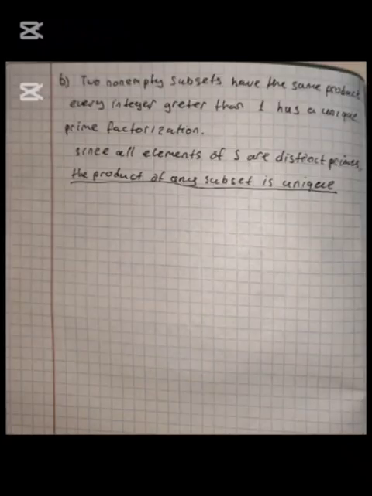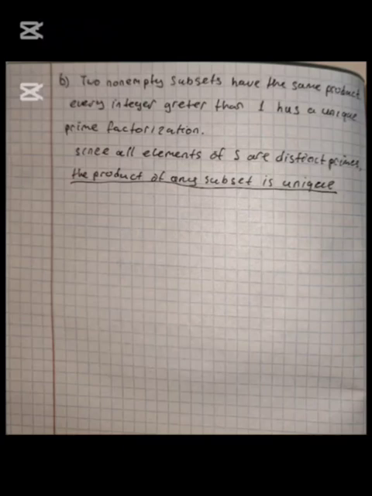Part B. What about products? Can different subsets multiply to the same number? We need to determine if 2 non-empty subsets have the same product. Every product is built by multiplying unique primes, and by the fundamental theorem of arithmetic, every number's factorization is unique.